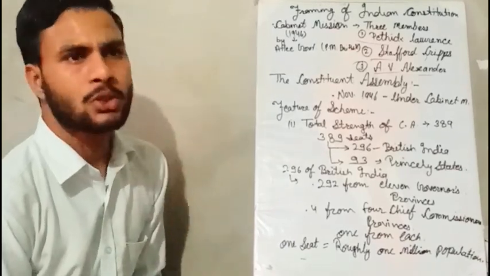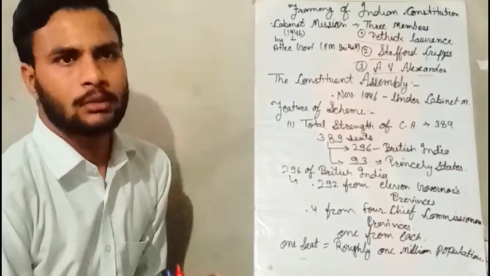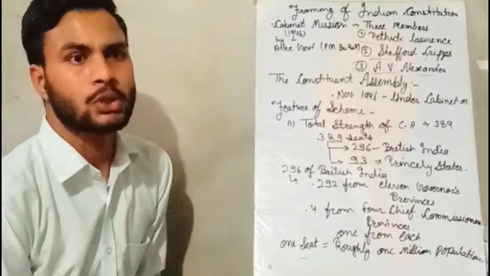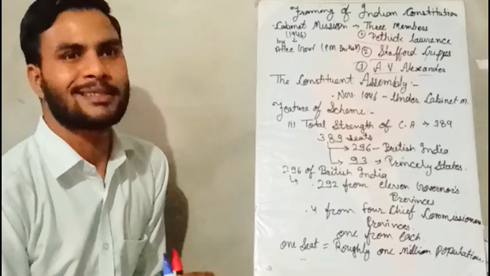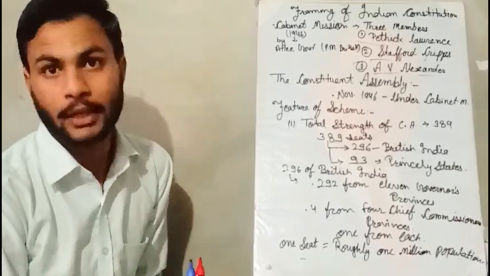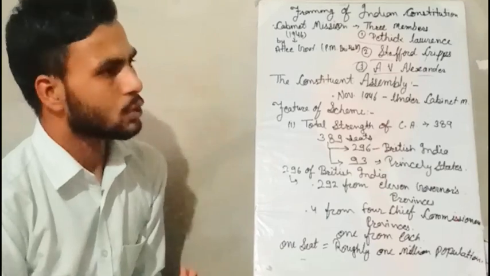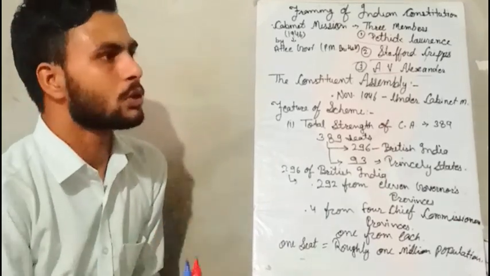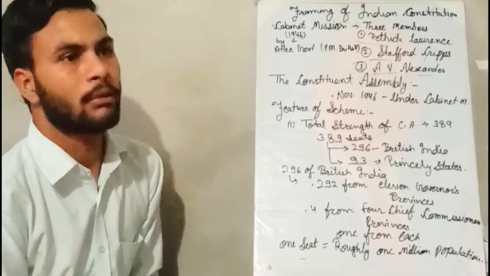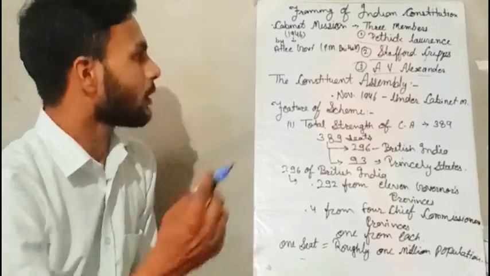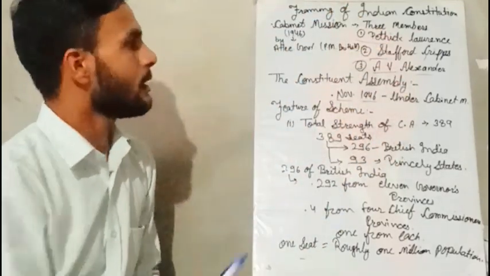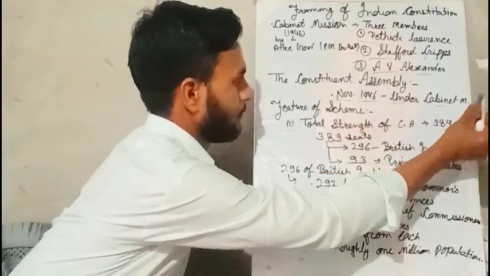To make the constitution of India, our constitution makers had to make a constituent assembly, the body which constitutes the constitution of India. We made the constituent assembly in November 1946 under the cabinet mission.